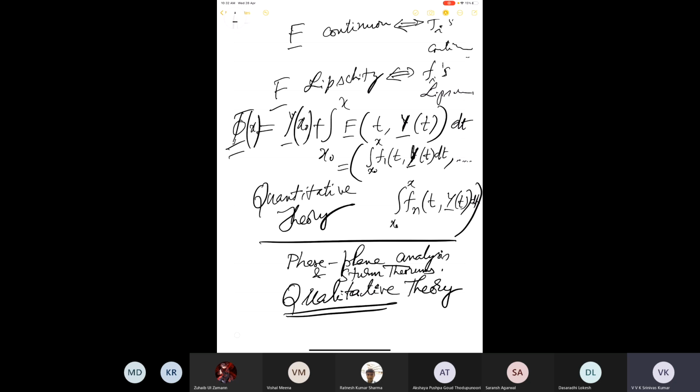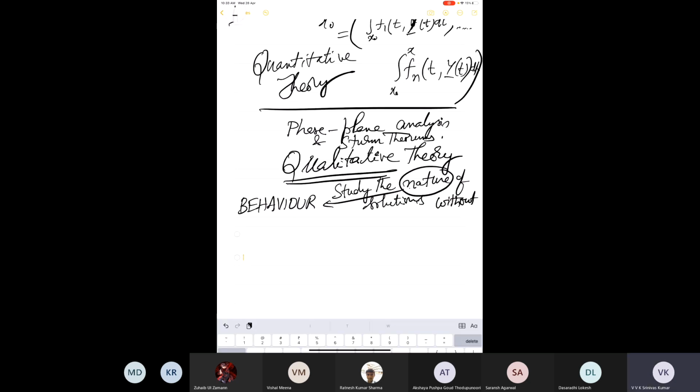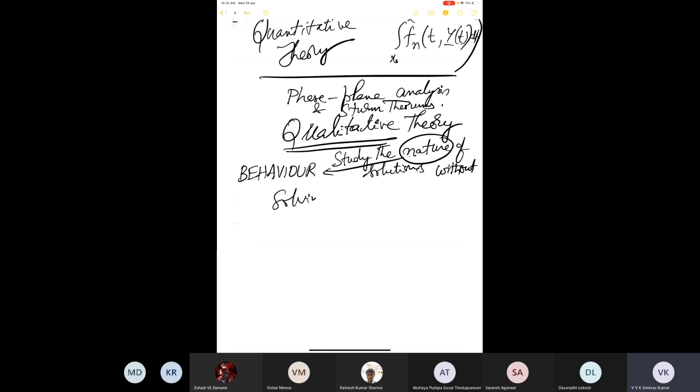We don't exactly solve the equations, but we study the nature or behavior of solutions without solving the ODEs.